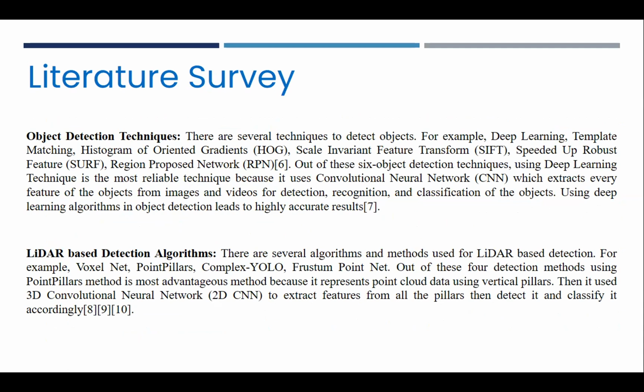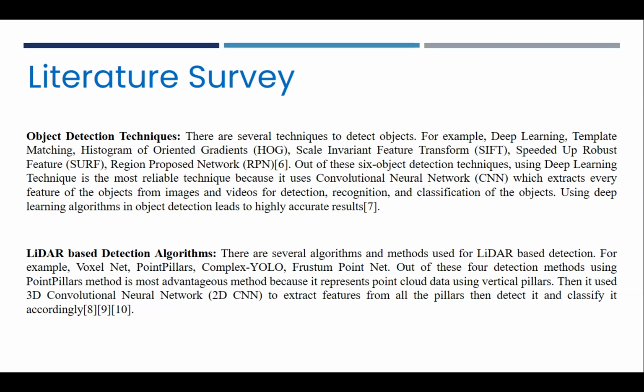First is the object detection techniques. We need to check what object detection techniques are available in the world today, whoever is doing the research, be it institutes, MNCs, companies or organizations, and what kind of object detection techniques they are using.